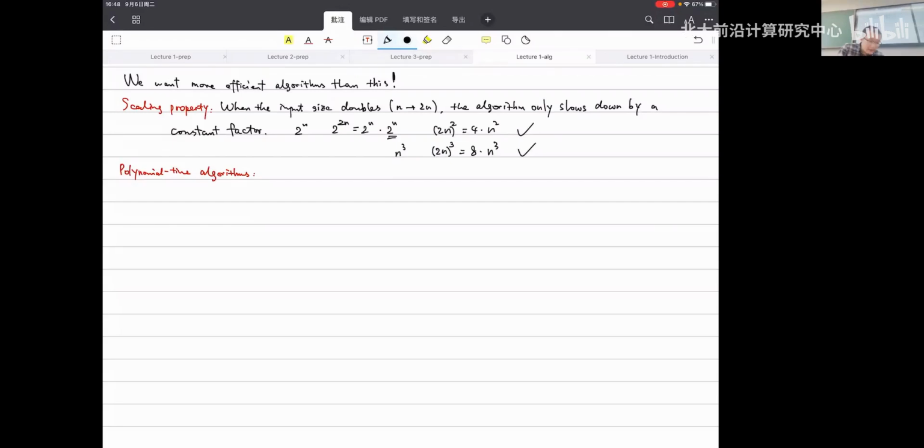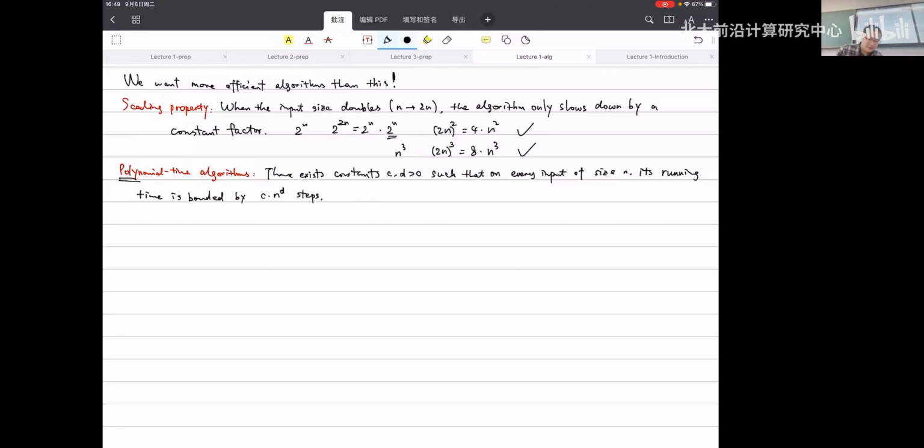In general, the poly here, maybe it's not n squared, maybe not n cubed, but in general we want to consider the case where there exist constants c, d larger than 0 such that on every input of size n, its running time is bounded by c times n to the d steps.